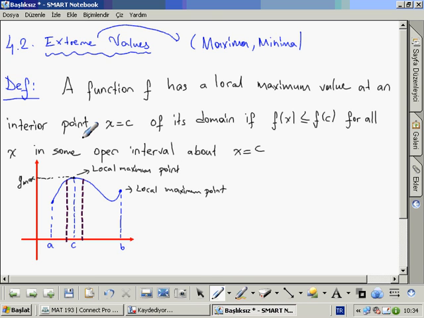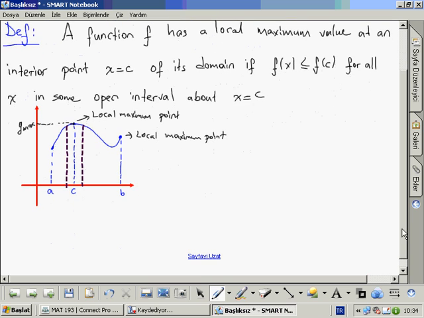And the local, let me continue about this, but this point is not an absolute maximum.